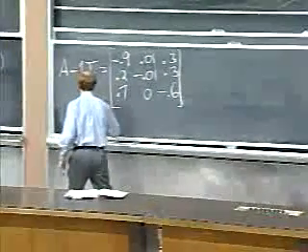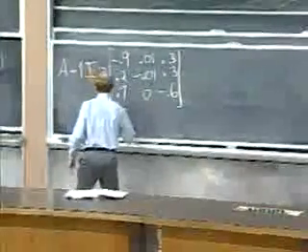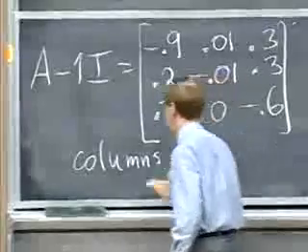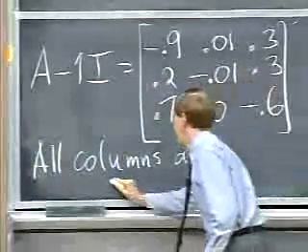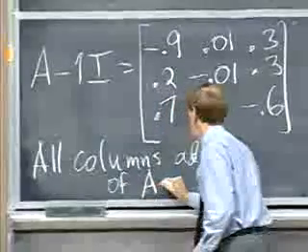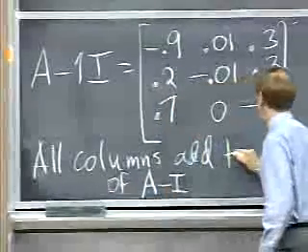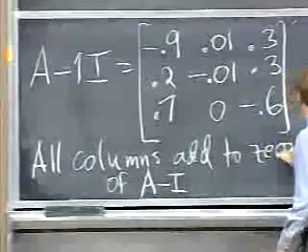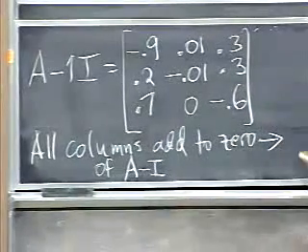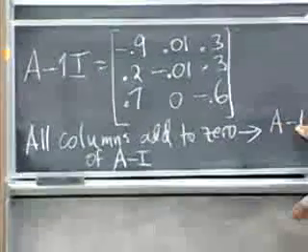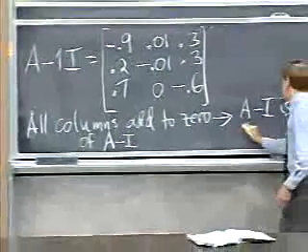So all columns of A minus I add to 0. And then I want to realize that this means A minus I is singular.